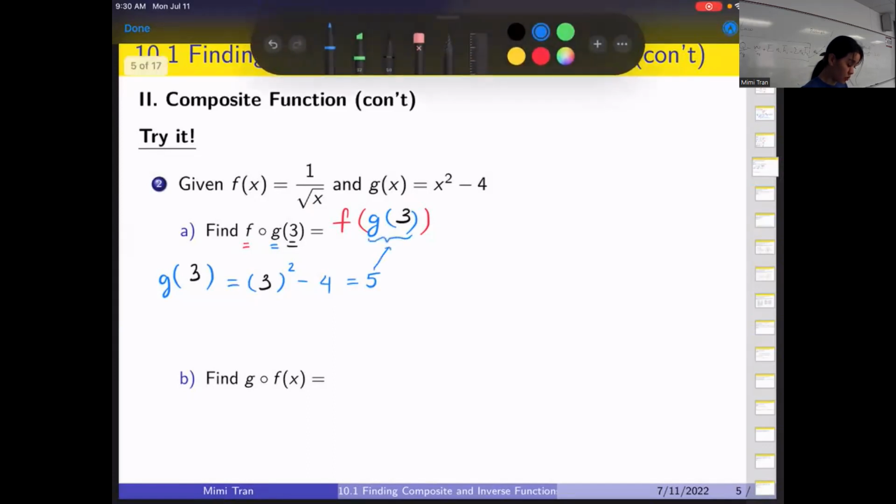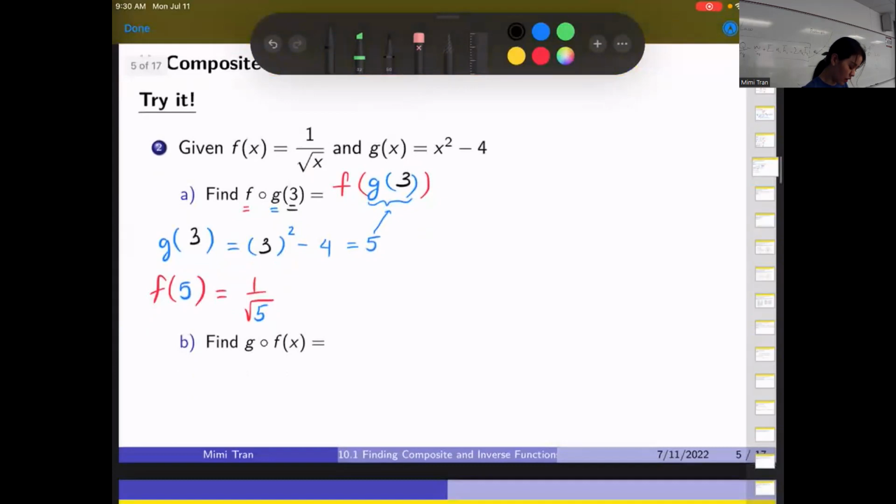And now you plug it into the F, the outside one, right? F of 5 now, which is F is 1 over square root of x, which is square root of something. And that something now is 5, no longer x. And I like how Taylor and Hayat rationalized it. I'll use a different color.